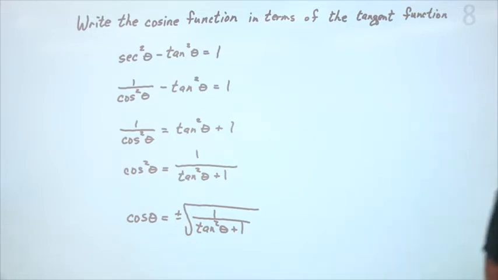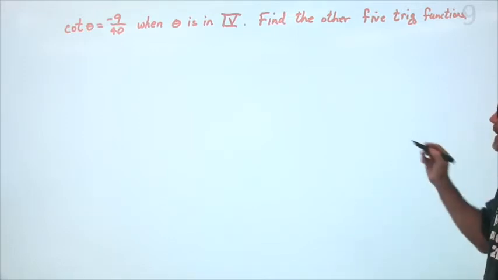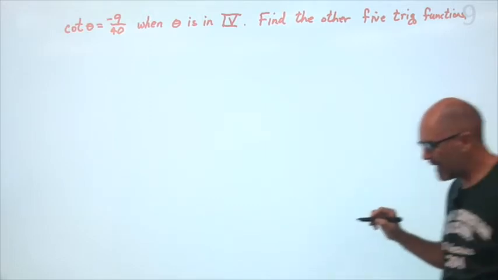Okay, so cruising onward. Now we're given that cotangent theta equals negative 9/40 and theta is in quadrant 4. So we want the other 5 trig functions. Okay, so let's look at cotangent theta.